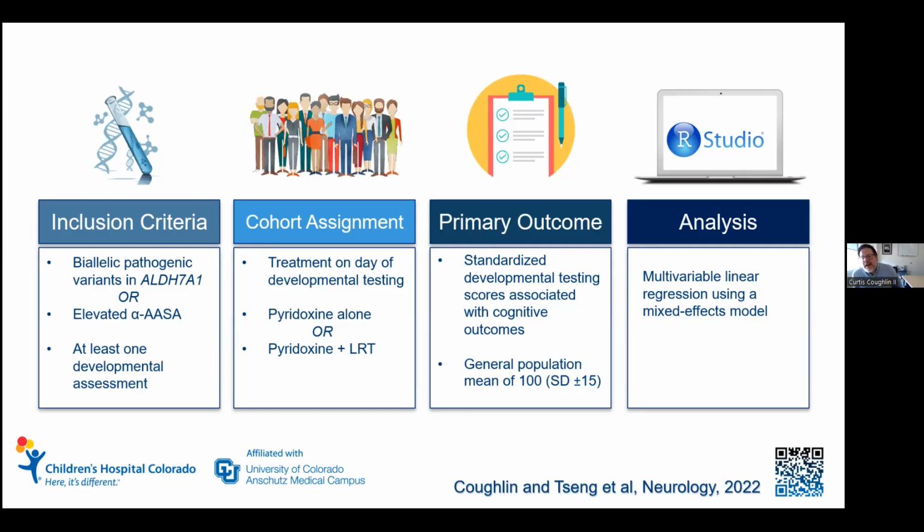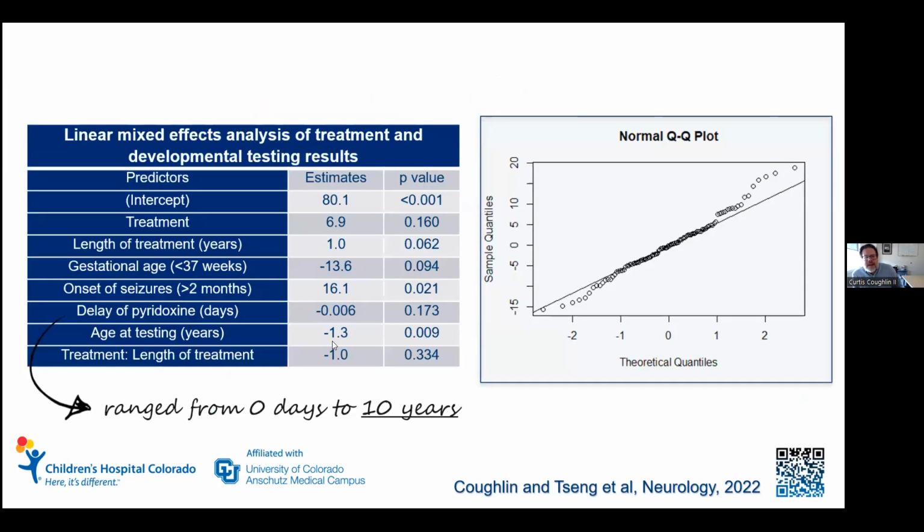Our outcome marker was standardized developmental testing. I think we actually ended up using 12 different developmental tests based on the age of the patient and the geographic region they were in. These were patients from all over the world. Of course, we controlled for those variables that we thought were significant and those that seemed statistically significant.